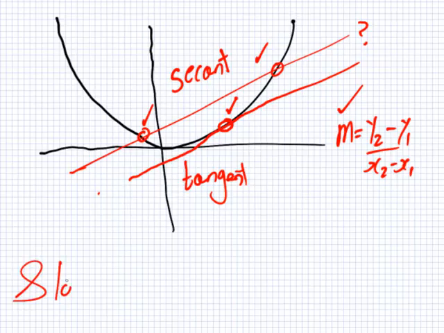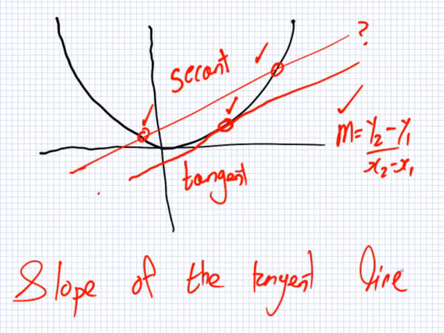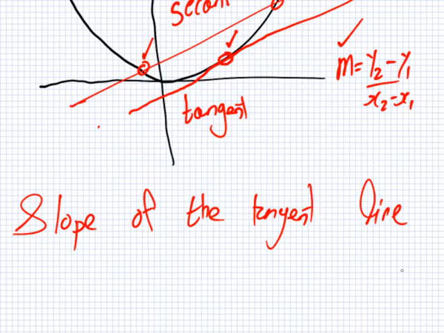The slope of the tangent line. Now, let's just imagine I call this point here x. It's the slope of the tangent line at x.